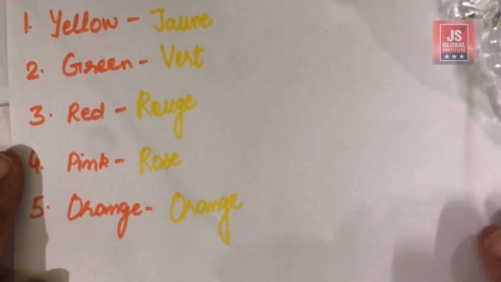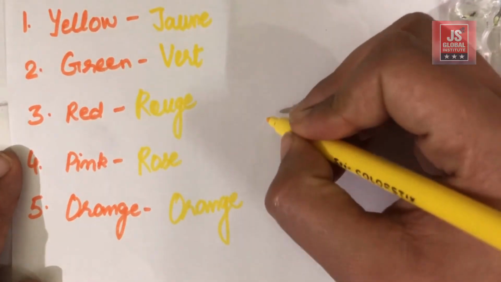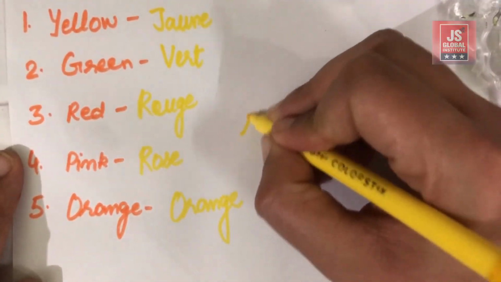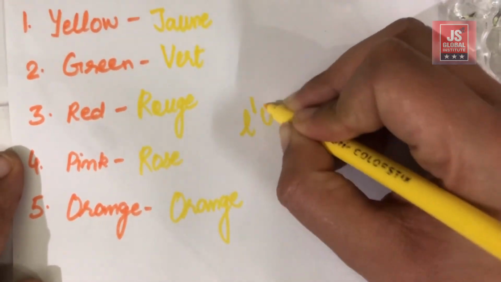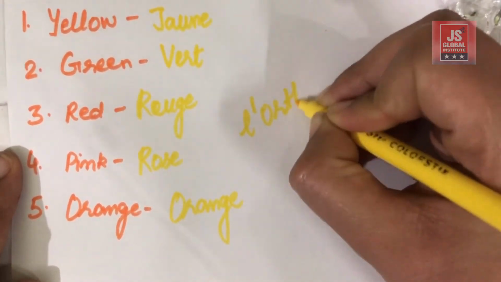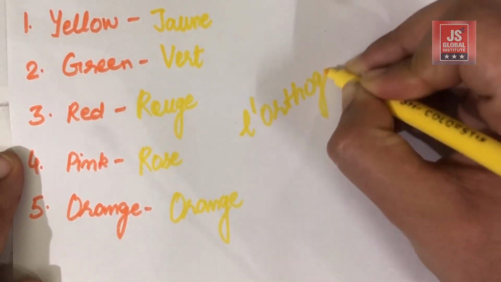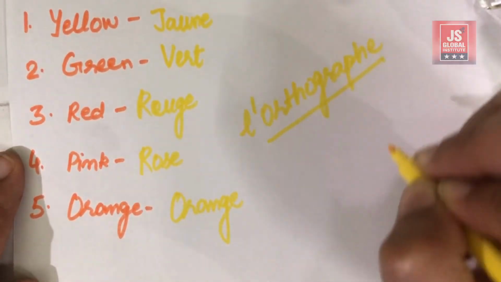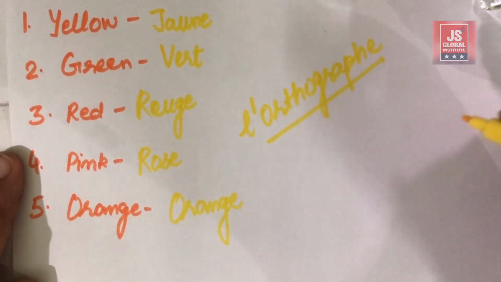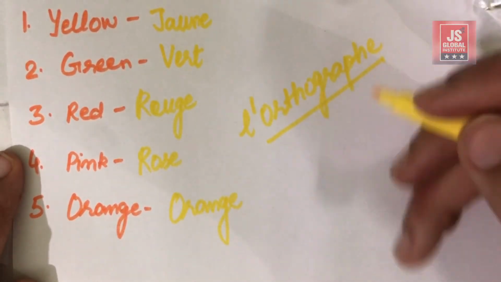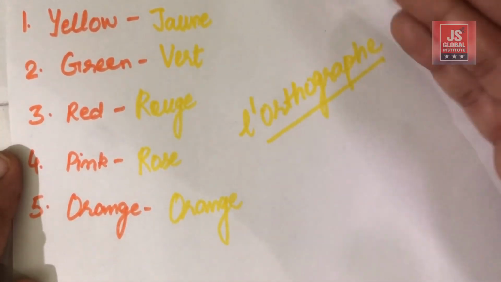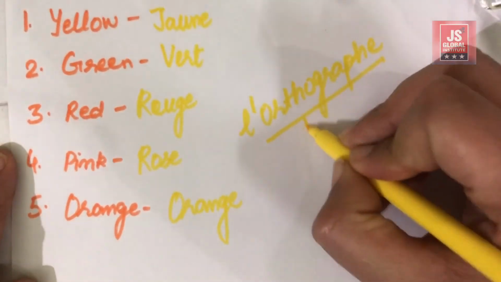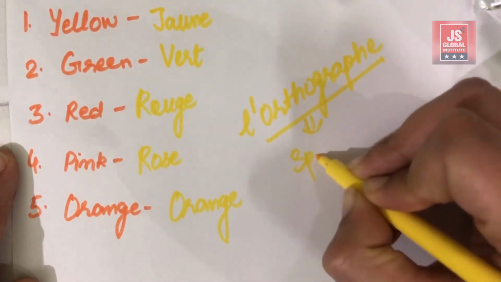Alright. So what is l'orthographe? L'orthographe is spellings. And what are the spellings for l'orthographe? That is L apostrophe ORTHOGRAPHE. That is l'orthographe, which means spellings. So now whenever I say what is the l'orthographe for this, that means I am asking for the spellings.